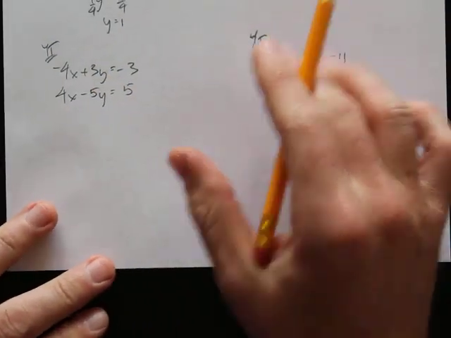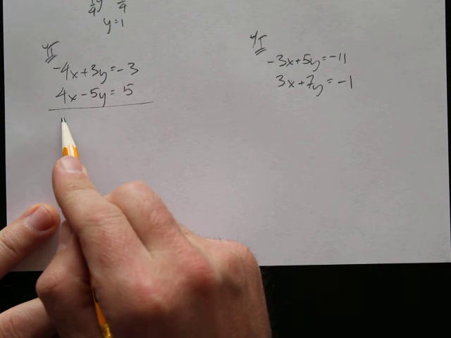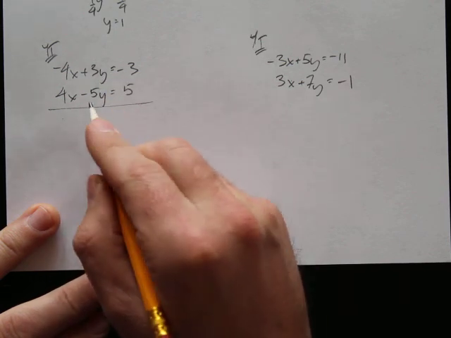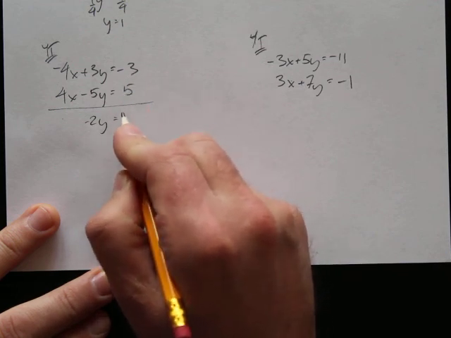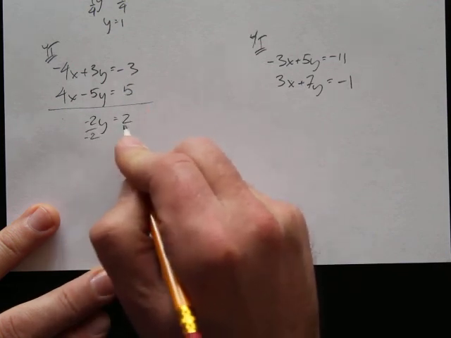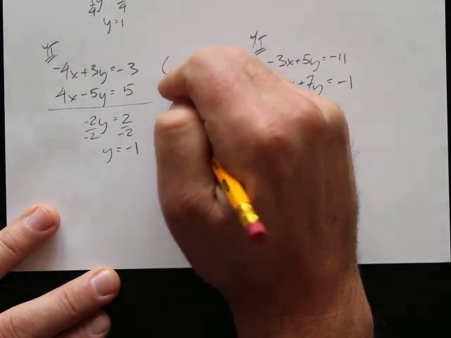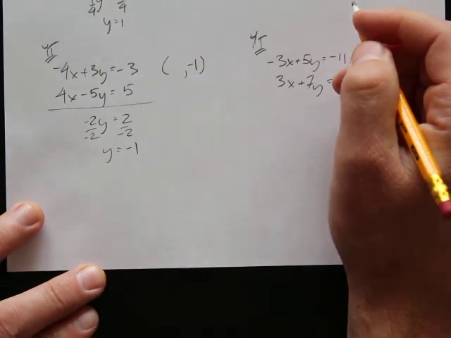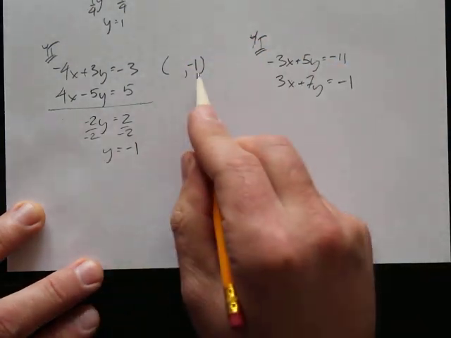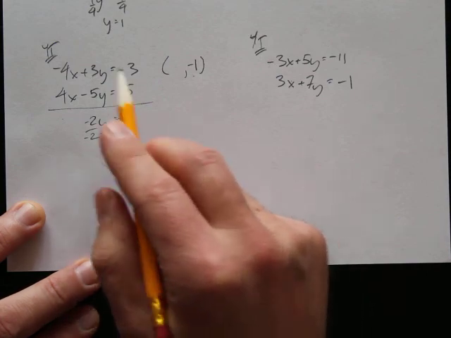All right, welcome back. Let's check these out. Negative 4x plus positive 4x is going to give me 0. 3y minus 5y is going to give me negative 2y equals negative 3 plus negative 5... negative 3 and 5 is 2. Divide by negative 2. Y equals negative 1. I don't know what my x value is yet, but I know my y value is negative 1. Now I'm going to plug negative 1 in for y.